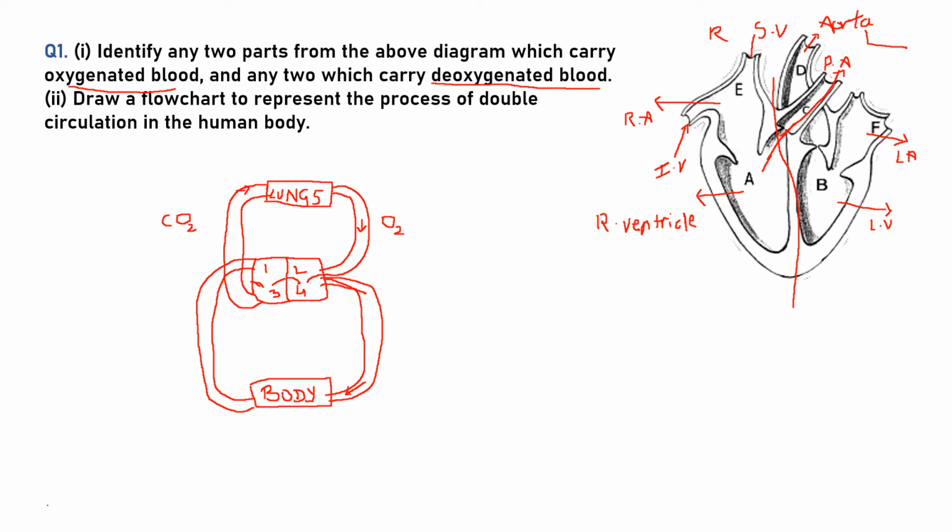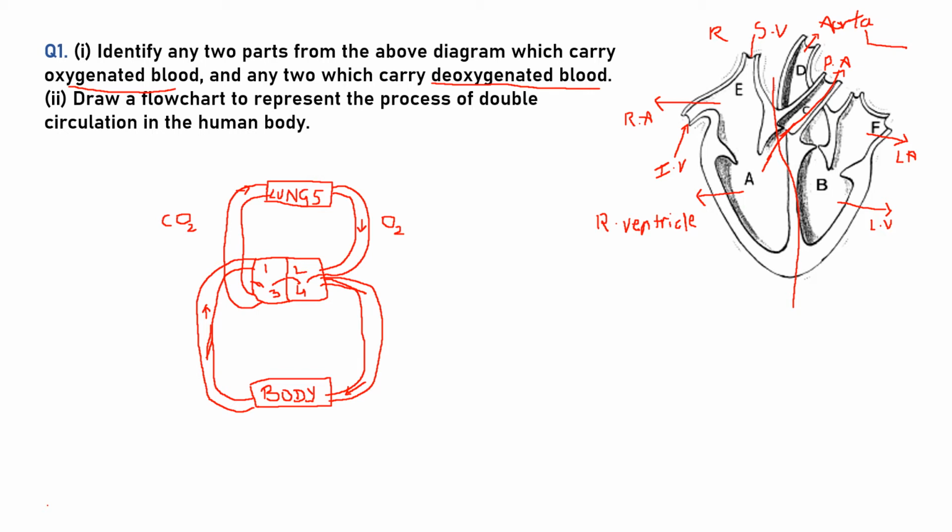So the two circuits are completed. The first circuit is known as the pulmonary circuit because it is related to the pulmonary artery and pulmonary vein, so we call it the pulmonary circuit. The latter is related to the body, right? So this is known as the systemic circuit, okay.